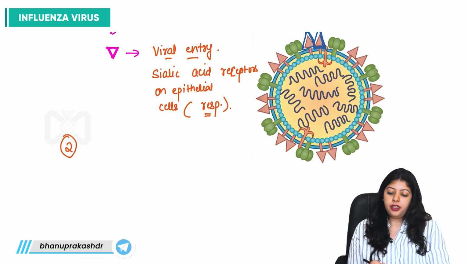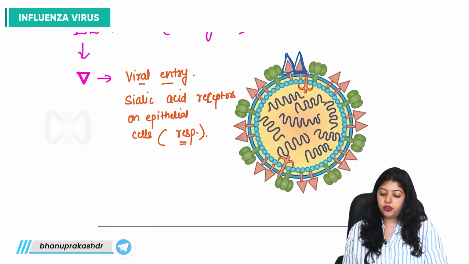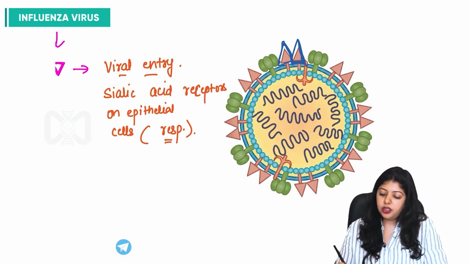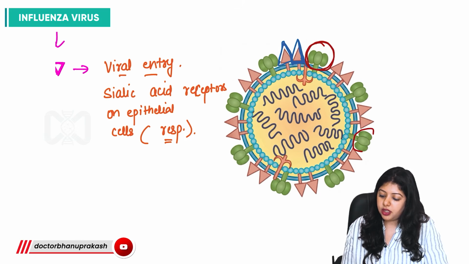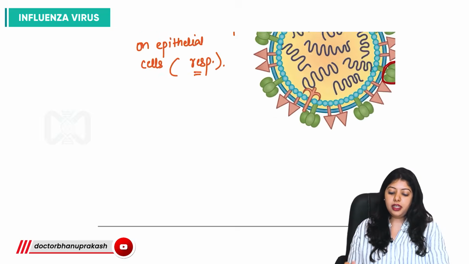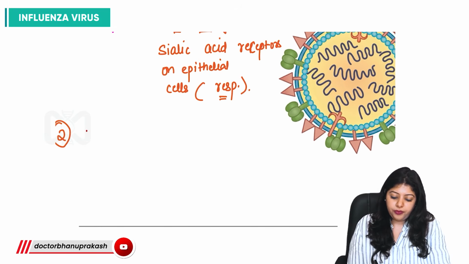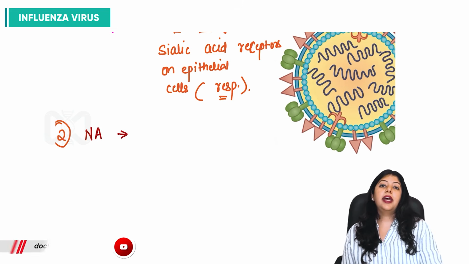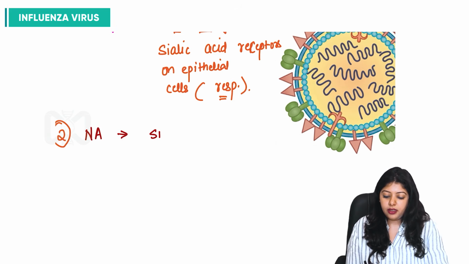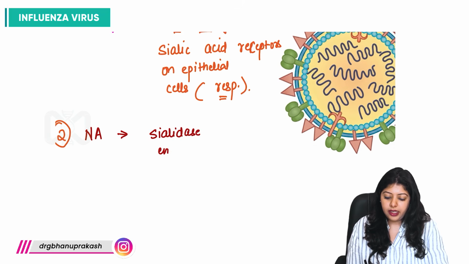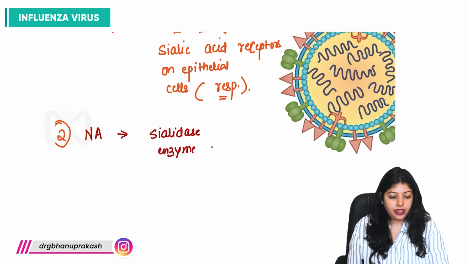And then the other important structural protein is this mushroom-shaped structure, which is nothing but the neuraminidase. Neuraminidase has a sialidase enzyme activity.